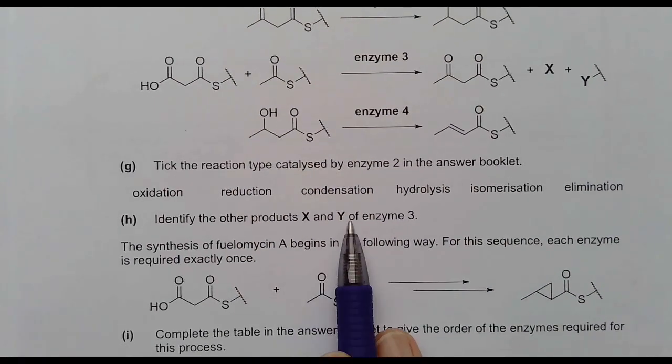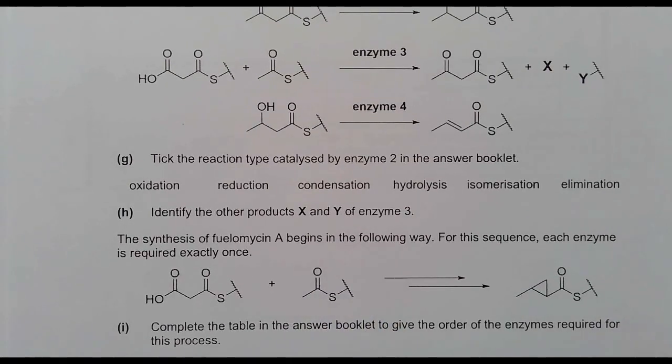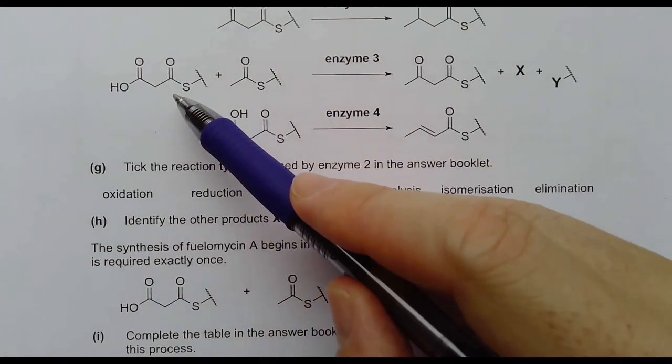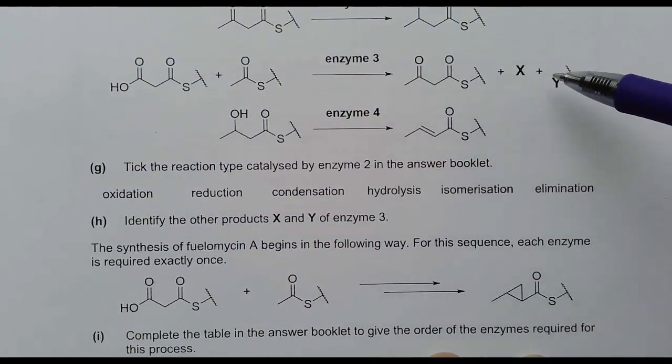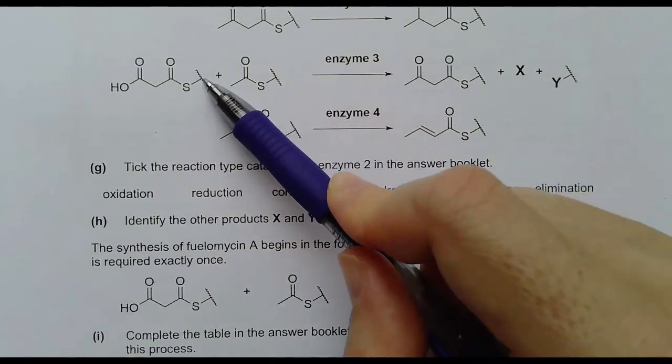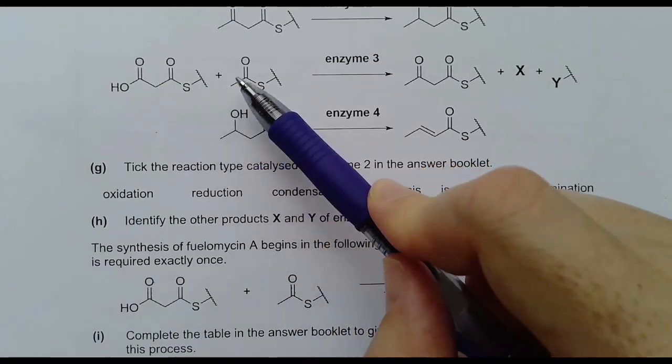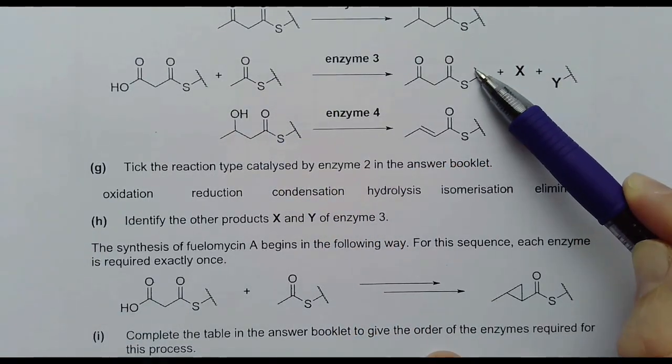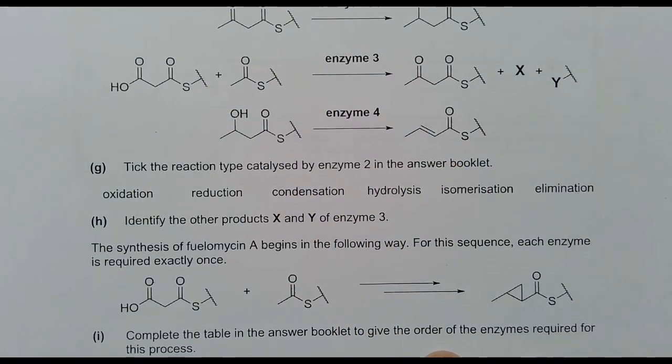Identify the other products X and Y of enzyme 3. So we have this reacts with this to give me this, and then my X and Y. Well, we can just treat this as a normal chemical reaction and ignore these things here, because I've got the two X things bonded to here, so fine.